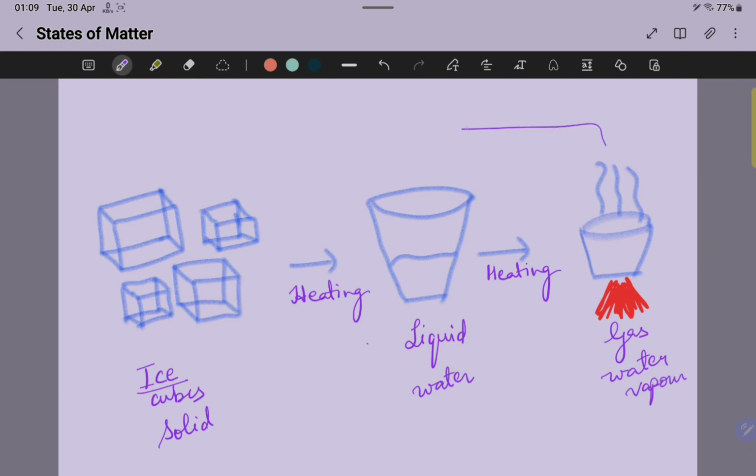Now this water vapor on cooling, by the process called condensation, will form water, which on further cooling will form ice. So the simplest example of the three states of water explains to us that these states are interchangeable in nature. Thank you.